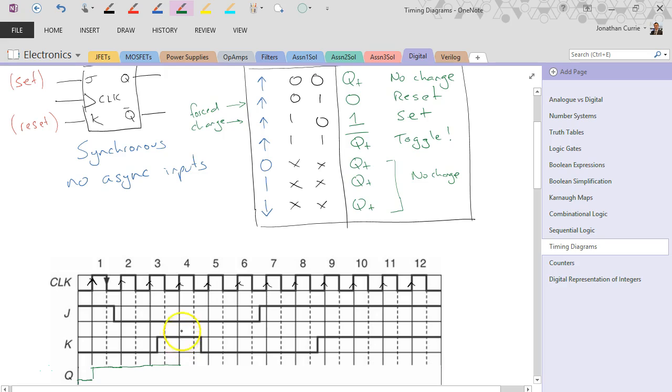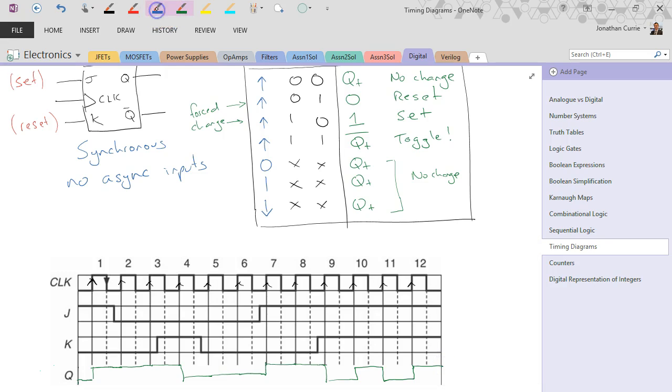K is now active and J is not active, so that's the reset condition. Next clock edge, no change, no change. Okay, this is set. Set again. Now we have both active, so it's a toggle. Coming through, toggle again, toggle again, toggle again, and so forth.